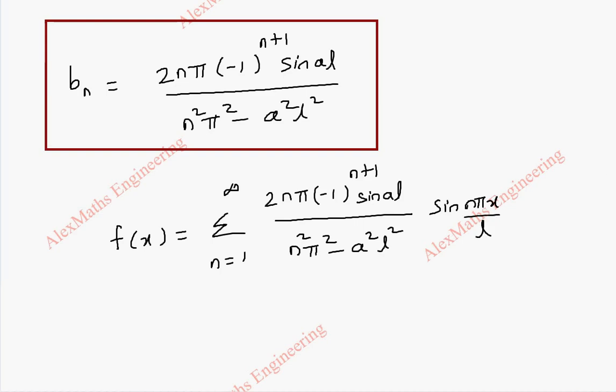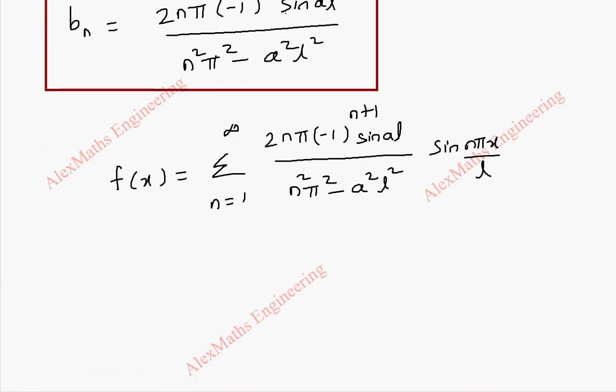And if you want, we can take the constants outside. The constants present here are 2, then sine AL and even pi. So it is better, we can write 2 pi. So 2 pi sine AL is constant. Then we have summation n is equal to 1 to infinity.